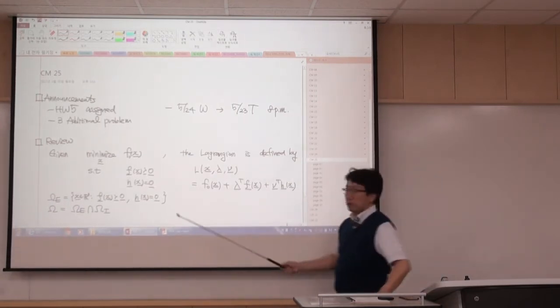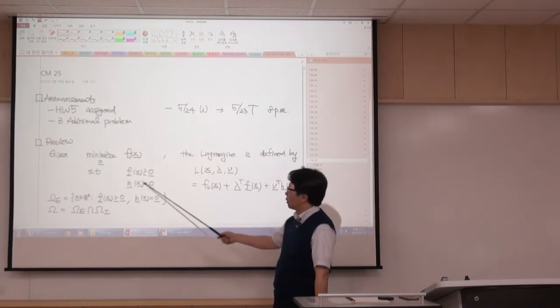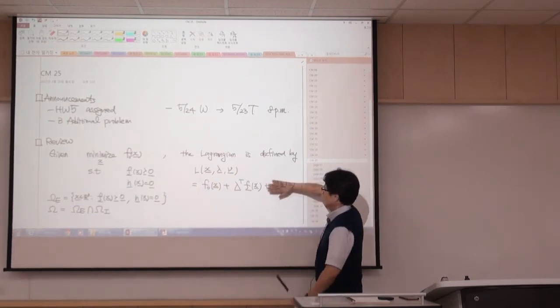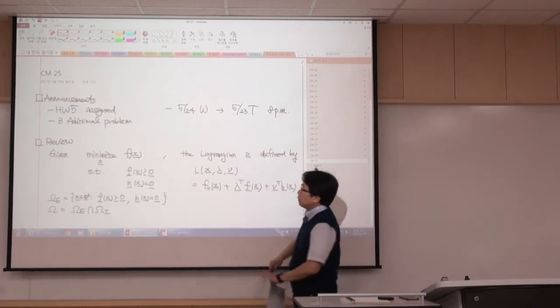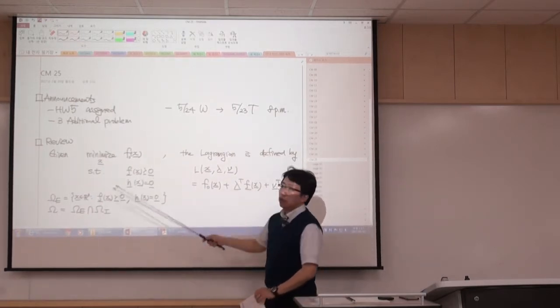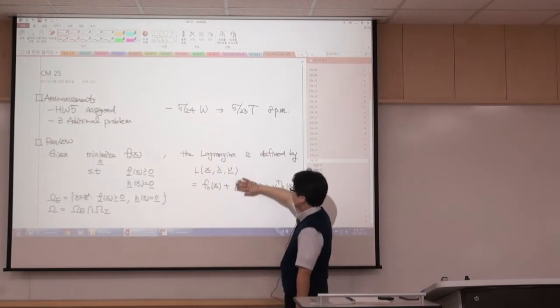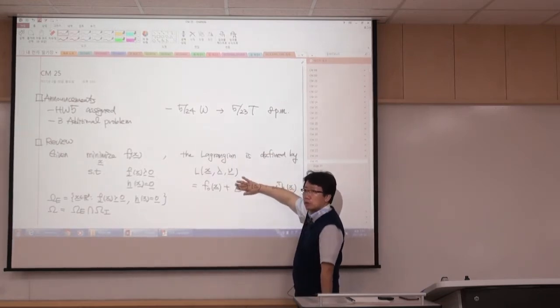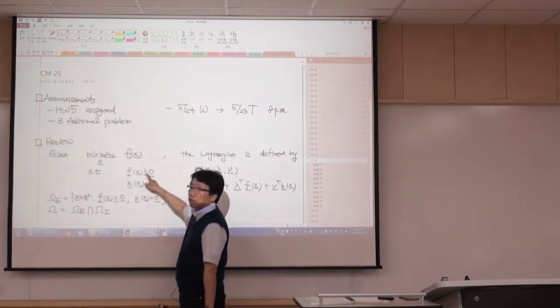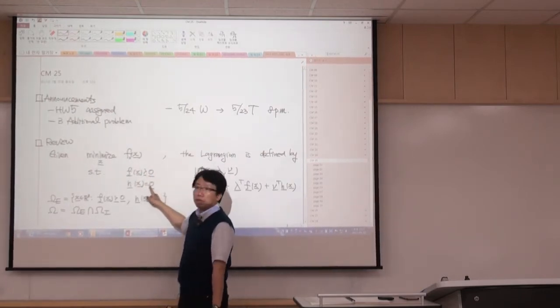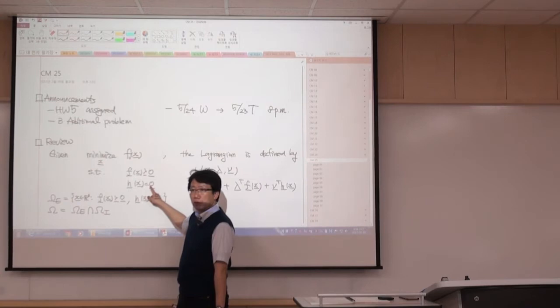So what if, for example, there is no equality constraint? Then we don't need to introduce this term. If there is no inequality constraint, this term disappears. For example, if we have f greater than or equal to 0 and h greater than or equal to 0, what do we do?